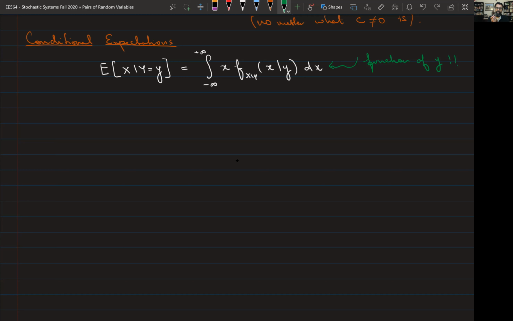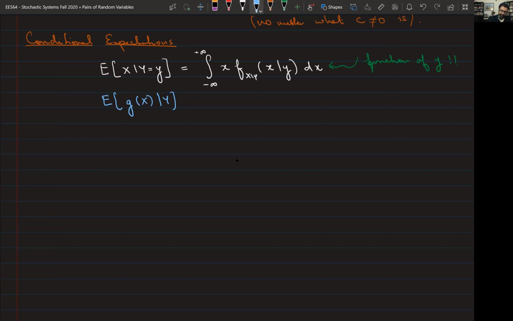So it turns out this conditional expectation is a function of the conditioning. It's the function of what value the conditional random variable takes. Now this can be generalized, and I can say, what is the expectation of g of x given y?